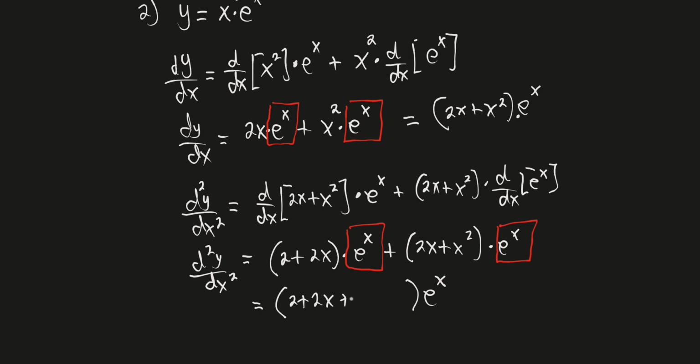Now I actually have a pair of like terms in the parentheses, so this simplifies to 2 plus 4x plus x squared times e to the x. And it does follow that pattern. Yes, the quadratic seems to be gathering more and more terms. Like this one just had a single term, this one had 2, this one had 3.